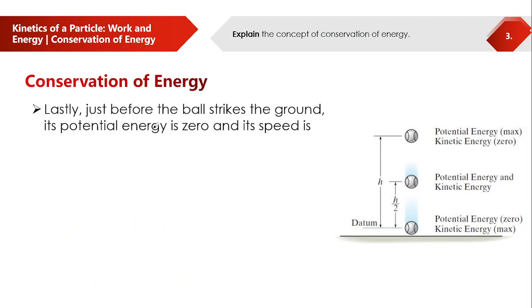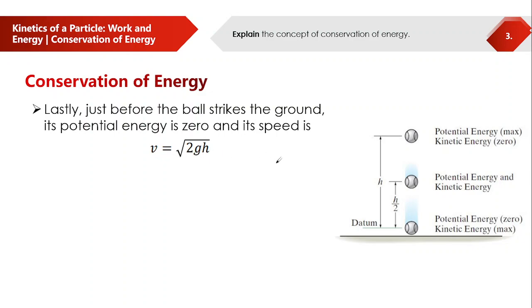Okay, lastly, just before the ball strikes the ground, its potential energy is 0 and its speed v is equal to square root of 2gh. Okay? Hindi na kailangan natin kung saan ba to kinuha o paano ba to kinuha. Basta kayong v squared is equal to v sub o squared plus 2g(y minus y sub o). Okay? So, that's the formula.